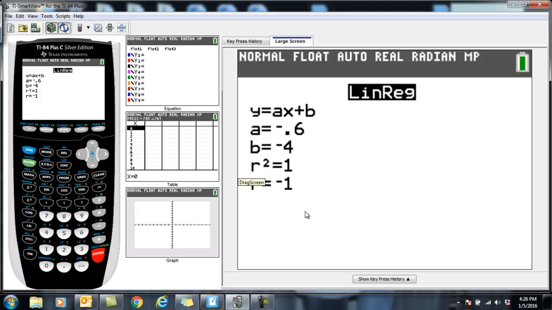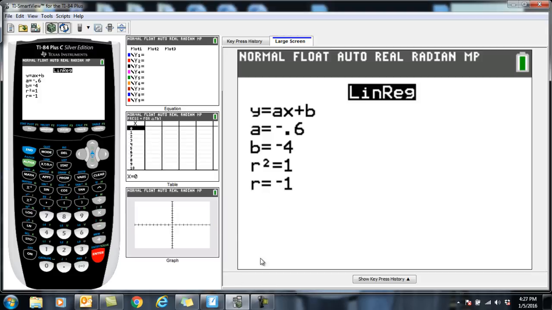They are both correlation coefficients, but the one that we want to worry about is the R, because this is a linear regression. My linear equation doesn't have any exponents involved with it. Nothing is squared. It's just mx plus b. Then we're going to use the R, not the R squared. So we want to look at the value for R, and it says it's -1. The negative tells me it has a negative correlation, so it means it's decreasing.